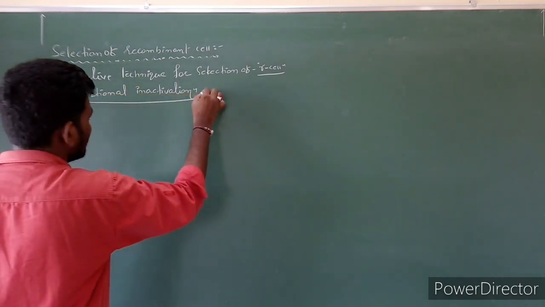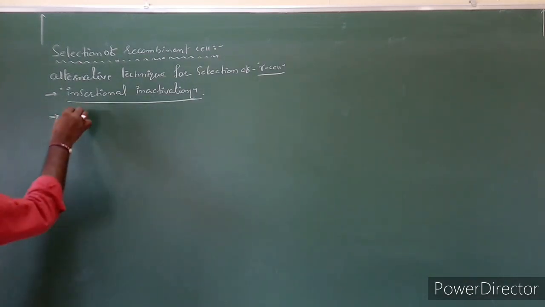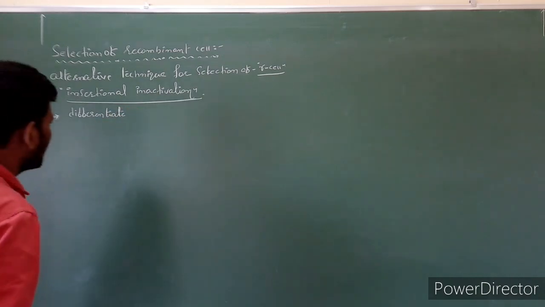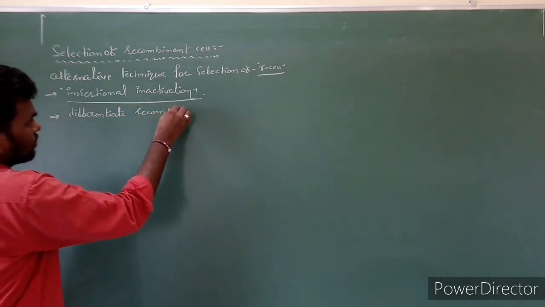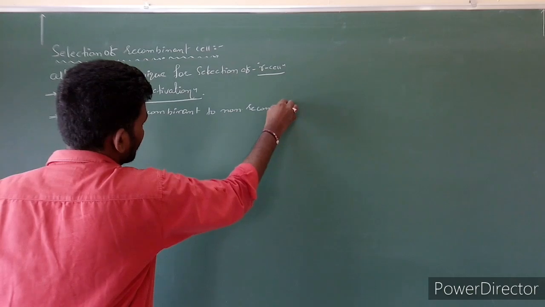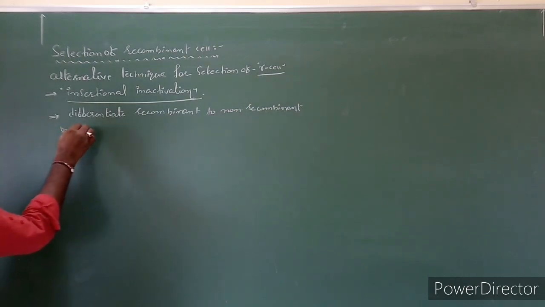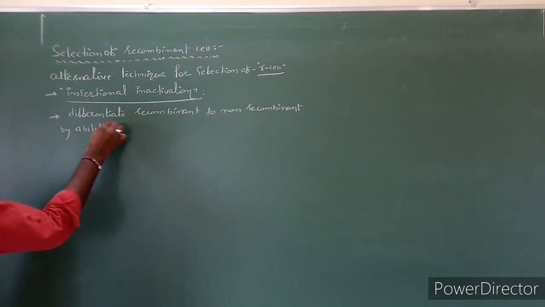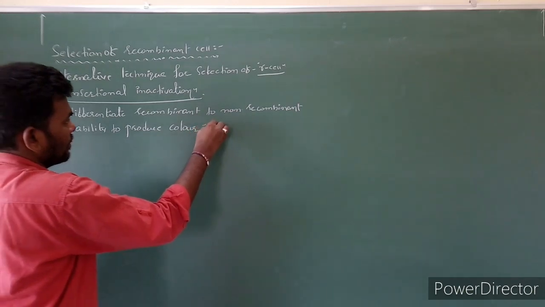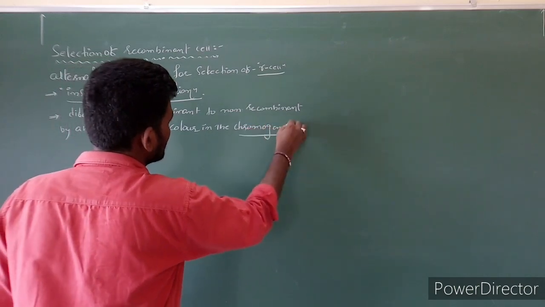It is a technique to differentiate a recombinant from a non-recombinant by the ability to produce color in the chromogen reagent.